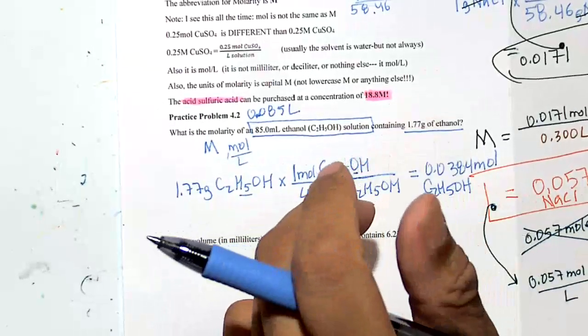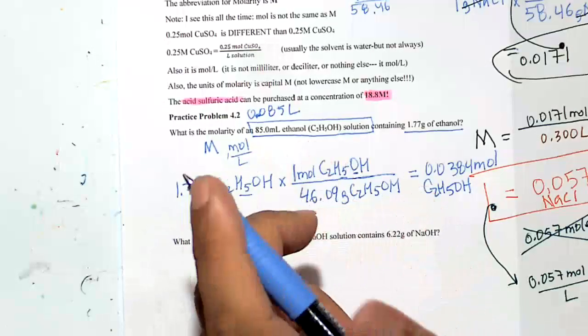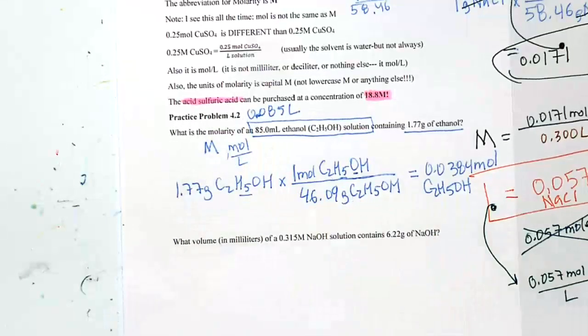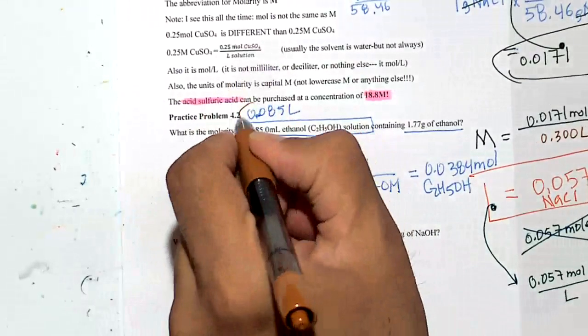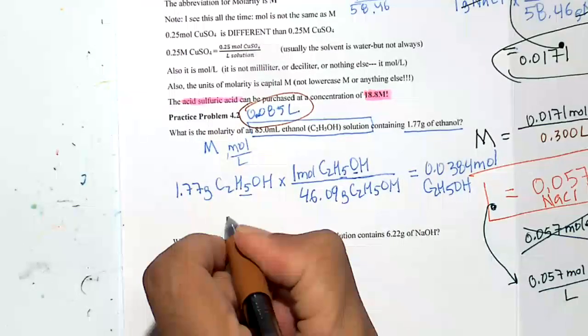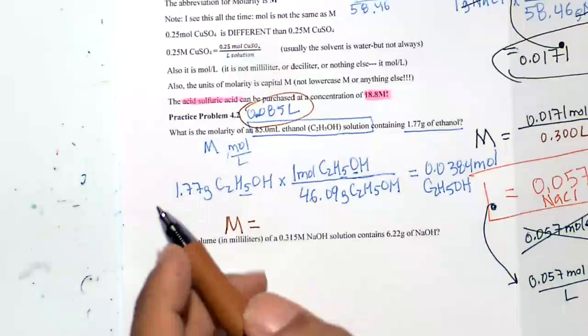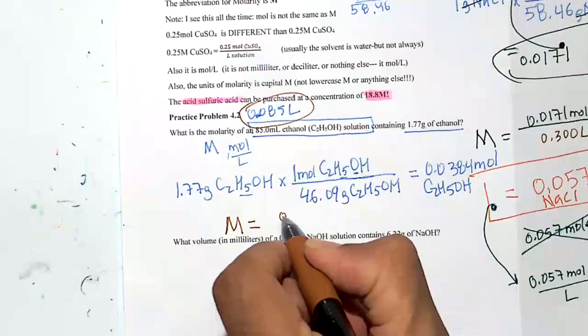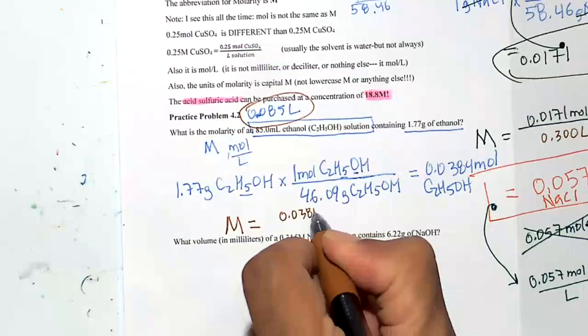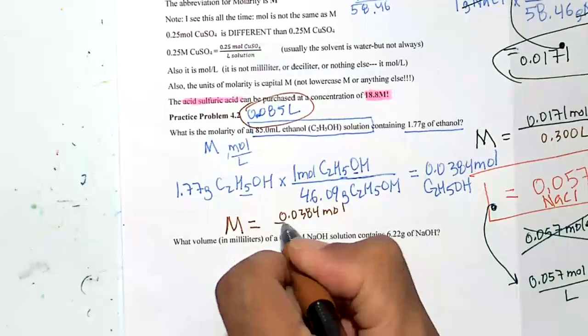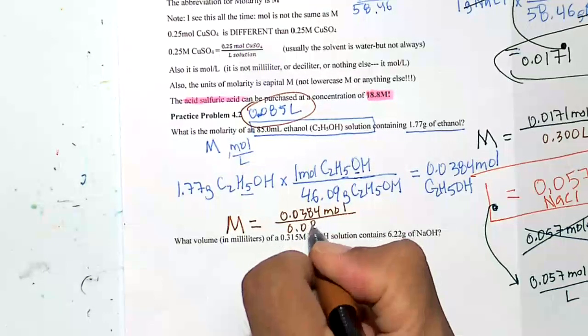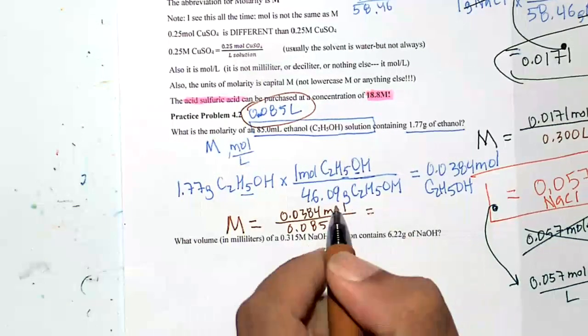Just double check my calculations for those that have a calculator. And then I'm going to take those moles and divide it by liters. So my final answer, molarity, is 0.0384 moles divided by 0.085 liters.